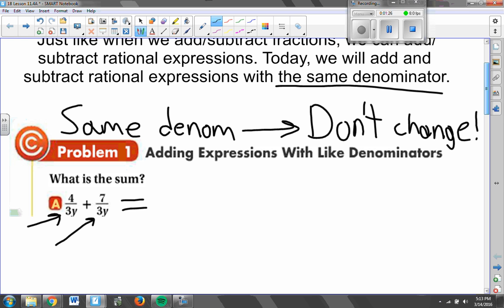So 4 over 3y plus 7 over 3y gives me 11 over 3y. And I'm done. It's as simple as that. I don't need to do anything fancy. I'm just adding 4 and 7 together, leaving the denominator exactly the way it is, once it is the same in both rational expressions. Okay?